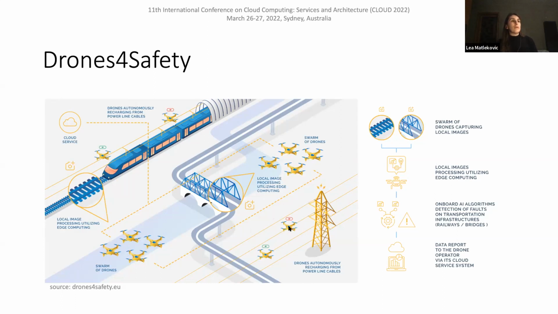Actually, before applying for this project, we worked with partners from industry and academia, and we've done some research which showed that in Denmark only, most of the bridges are in proximity of the power lines, which means that we can charge the drones on the power lines, and go to inspect the bridge if it's close to the power line.